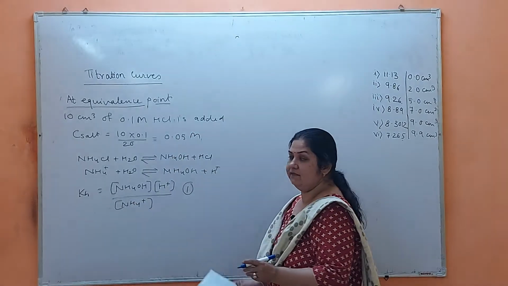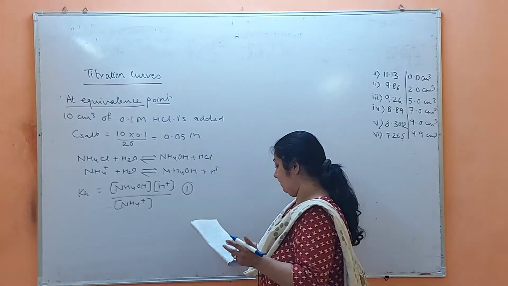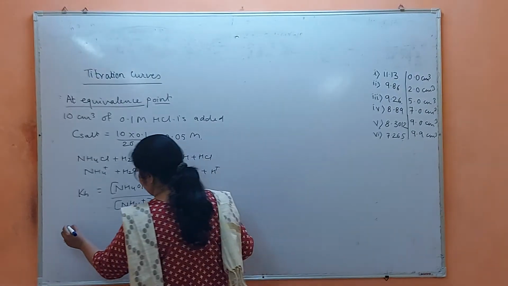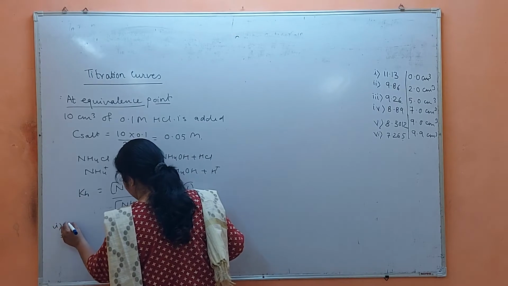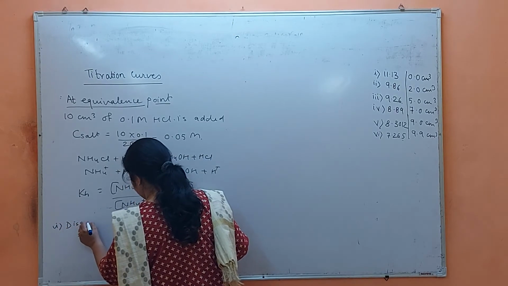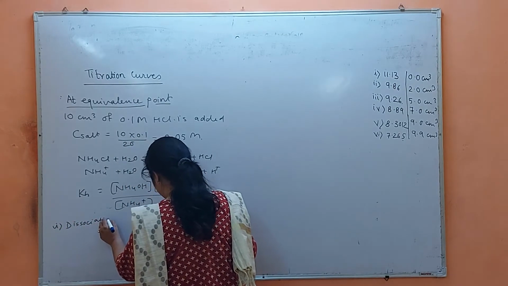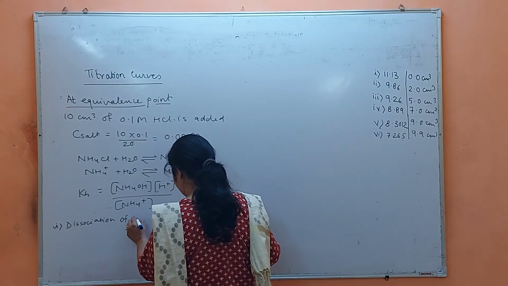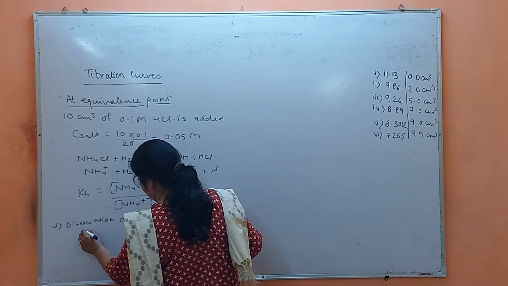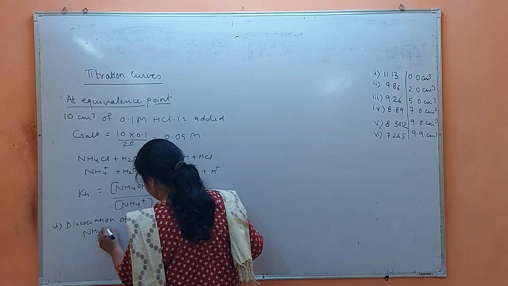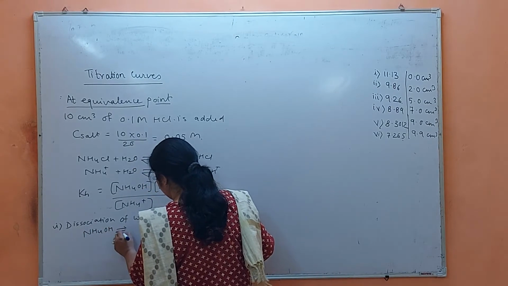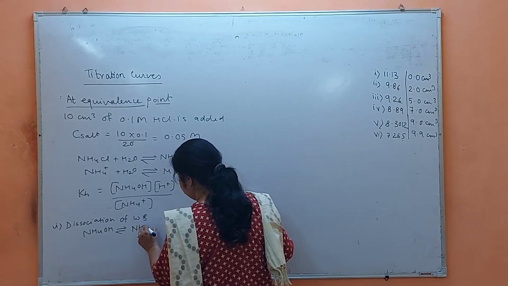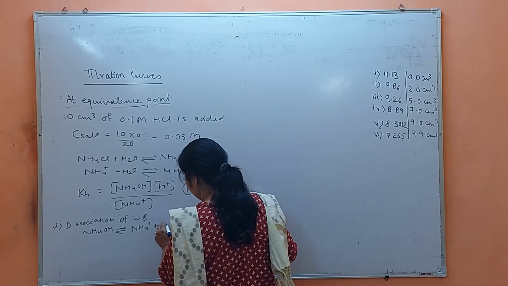Now this solution will have two more equilibria. The first one is the dissociation of the weak base, that is NH4OH will dissociate to give you NH4 plus and OH minus.